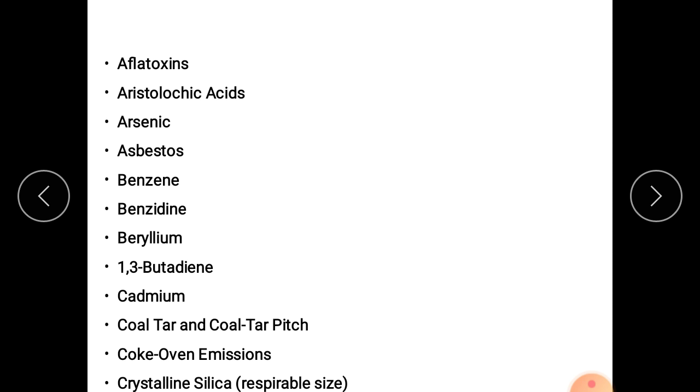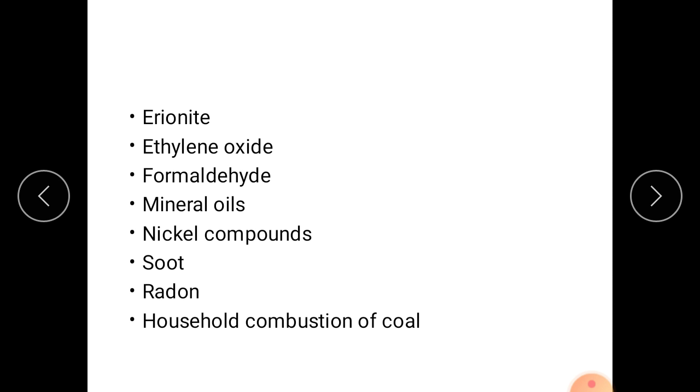So these are a few carcinogens: aflatoxins, aristolochic acids, arsenic, asbestos, benzene, benzidine, beryllium, 1,3-butadiene, cadmium, coal tar and coal tar pitch, coke oven emissions, crystalline silica, then erionite, ethylene oxide, formaldehyde, mineral oils, nickel compounds, soot, radon, household combustion of coal.